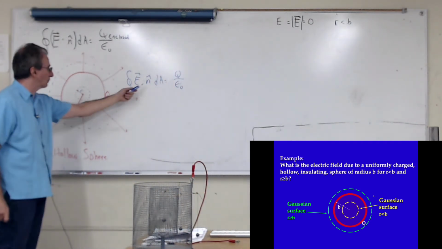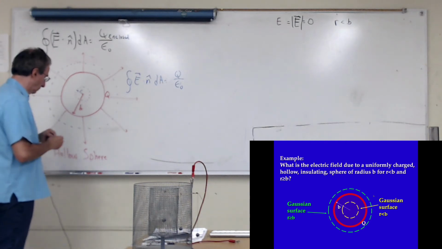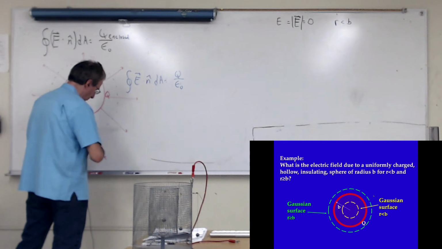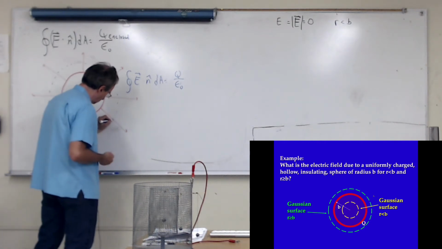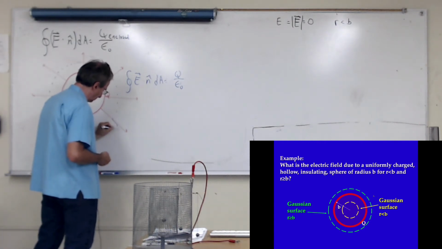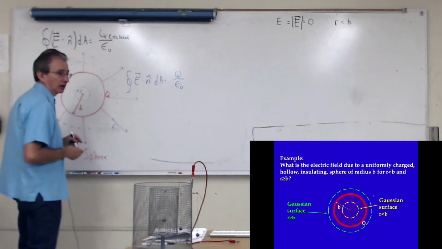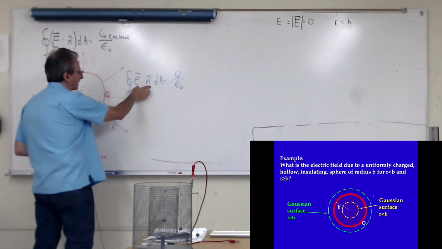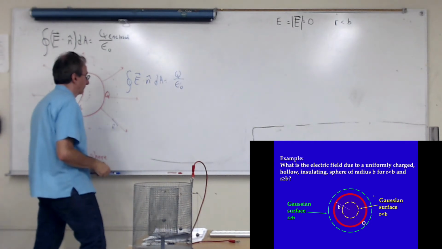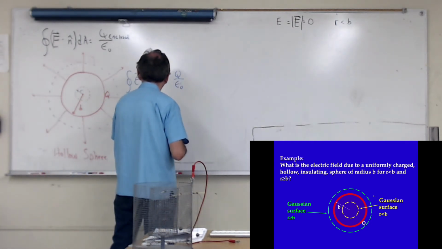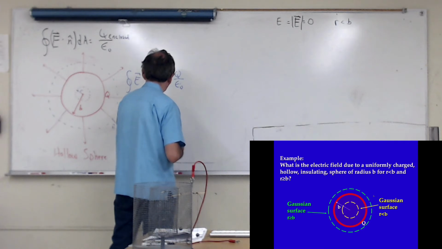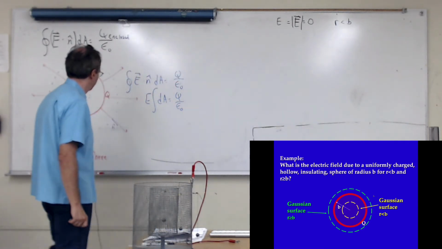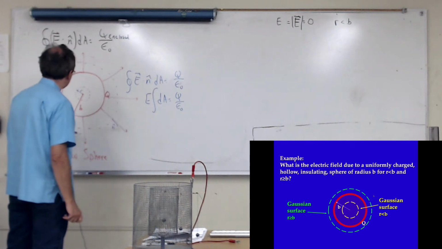The question is now, how do I do this integral? Well, the red is E. The normal to the surface is parallel to E. That's true all the way around this thing. So E dot n is just E. And so now I just got to find the surface area of a sphere.